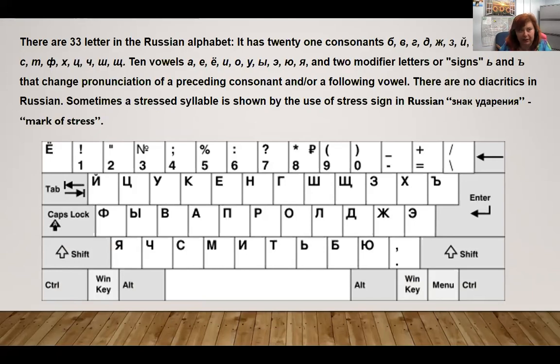So there are 33 letters in the Russian alphabet. I made a mistake here.